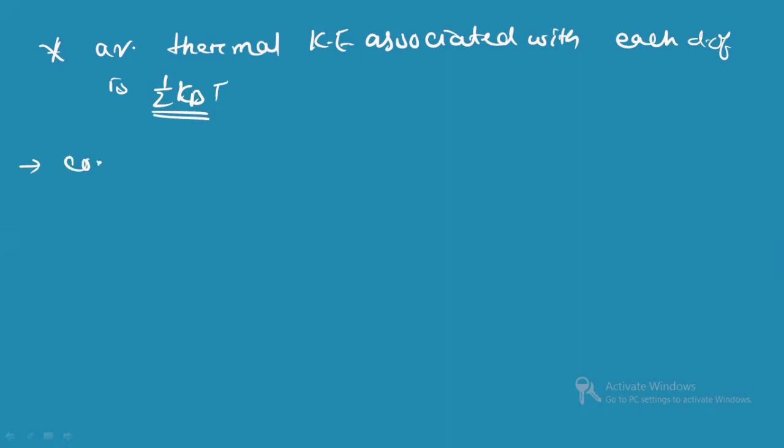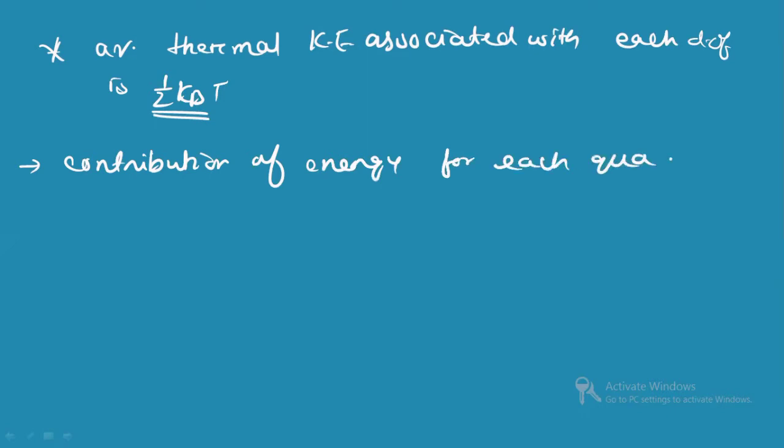And the contribution of energy for each quadratic term in the Hamiltonian is also half kBT. You need to remember that the average thermal kinetic energy associated with each degree of freedom is half kBT, and the contribution of energy for each quadratic term is also half kBT.